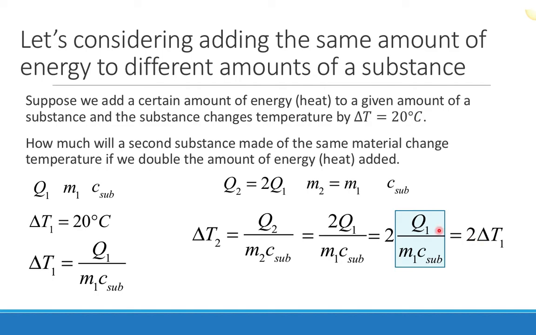So the temperature change for the second case will be twice what it was in the first case, so it should be 40 degrees Celsius. If I add twice as much energy, the change in temperature is directly proportional to the energy added. So if I double the energy right here, I've doubled this quantity, and I'm going to double the change in temperature.